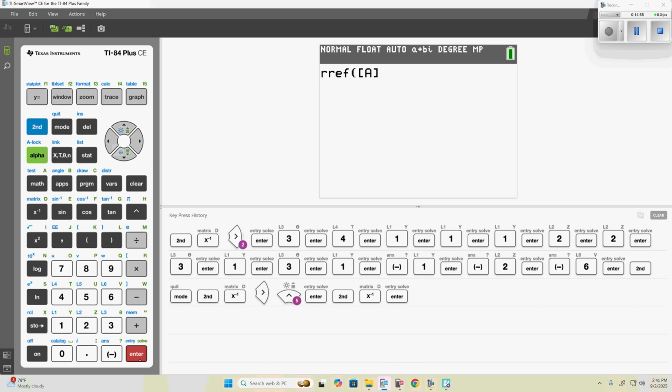So you find RREF. Yep, hit enter. Then second matrix, and then we want to put the matrix A in, so hit enter.